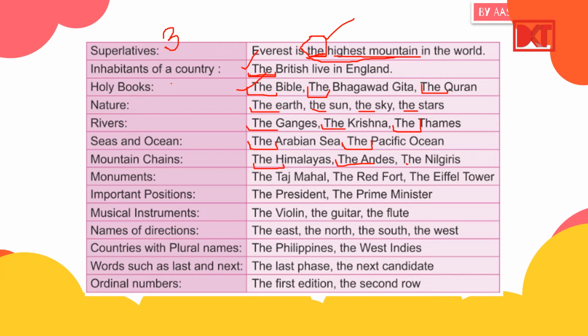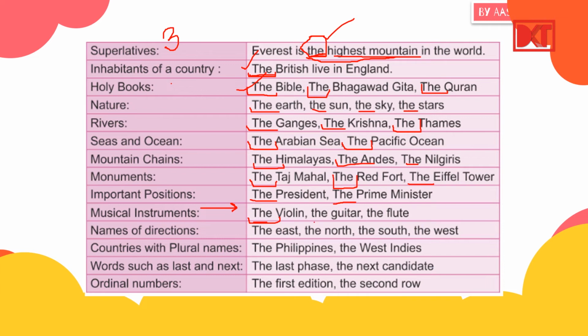Monuments, again there is only one Taj Mahal in the world, so उसको हम specifically point out कर रहे हैं, the Taj Mahal. And then the Red Fort, we have the Eiffel Tower, we have the President, the Prime Minister. अब musical instruments के लिए we will refer to it the violin, the guitar, the flute.